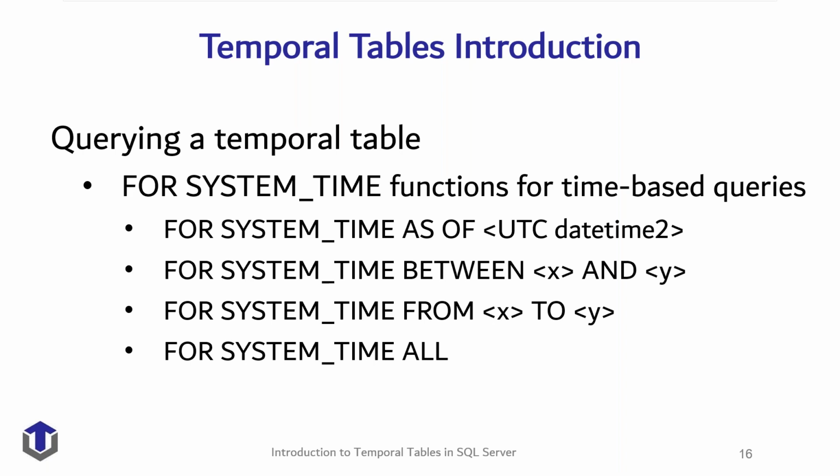Again, FOR SYSTEM_TIME BETWEEN, FROM, and ALL are lesser needed functions. They're really handy to have if you need them. But more often than not, you're going to need either FOR SYSTEM_TIME AS OF a specific point in time, or simply leave off the FOR SYSTEM_TIME entirely, and that's going to show you what the data looks like as of right now.